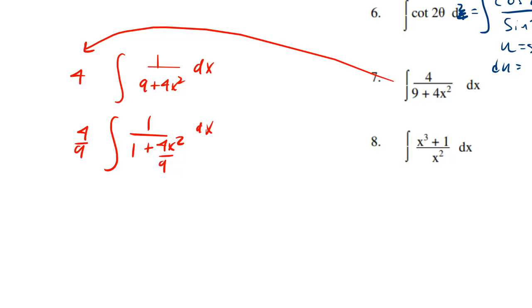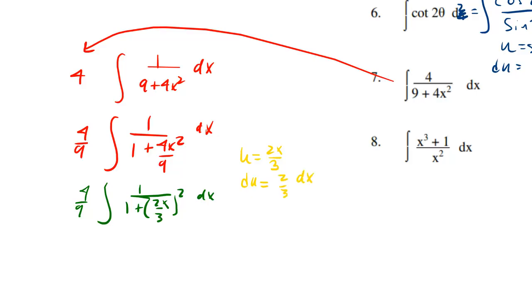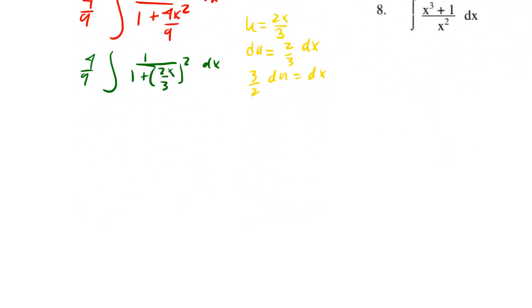So notice this right here could be written, I'll bring the 4/9 down, as 1 over 1 plus 2x over 3 squared dx. And that hints to me that if I let u be 2x over 3, then du will be 2/3 dx. Or in other words, 3/2 du would equal dx. And then I can stick that into my problem, scroll down a tad here, and say this then becomes 4/9.